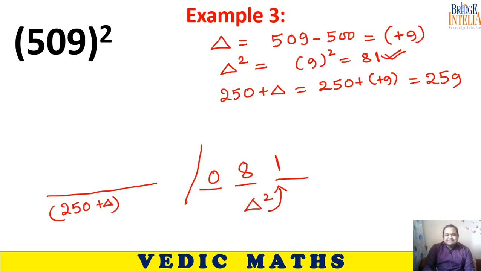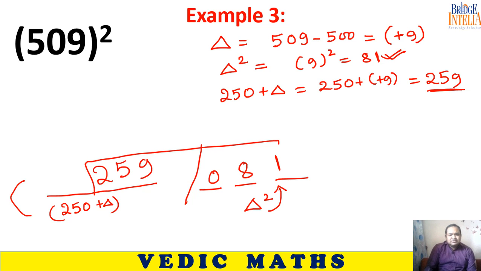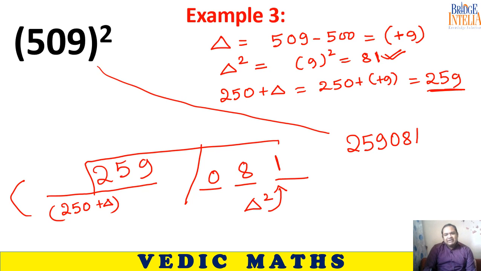In the first blank space we write 250 plus delta. The value of delta is 9, so 250 plus 9 is 259. So the final answer is 259081, the value of 509 whole square.